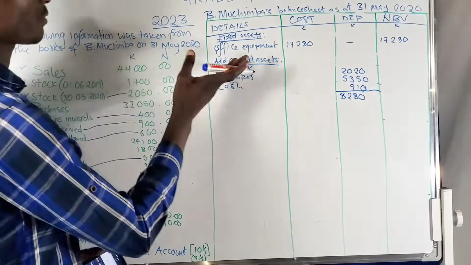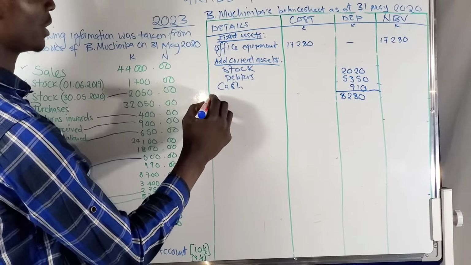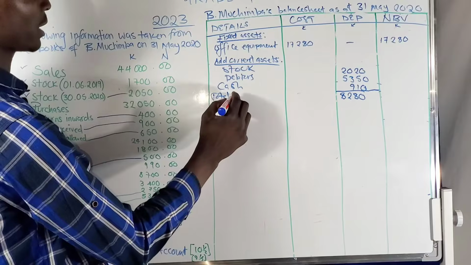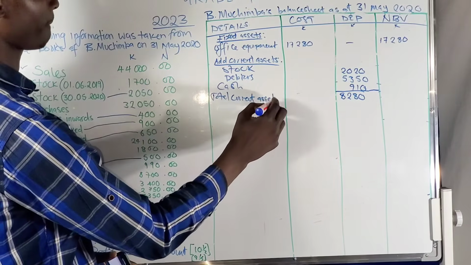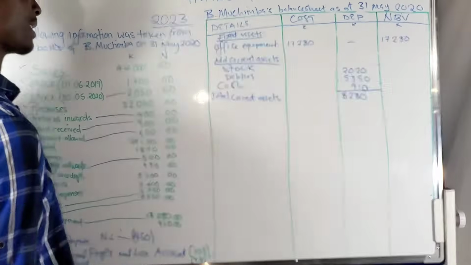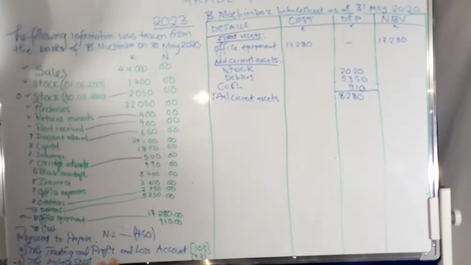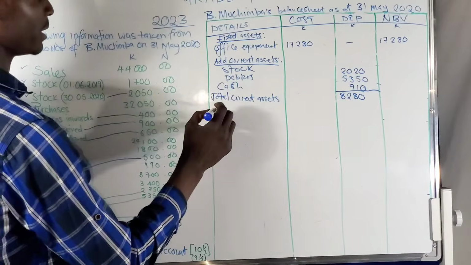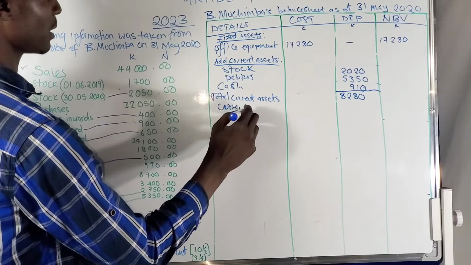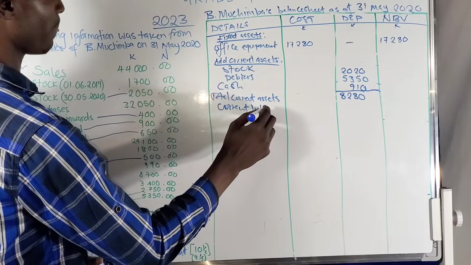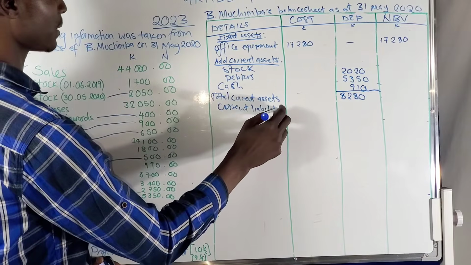Since we've added assets, that one will be called total current assets. Then we go to liabilities, which are current liabilities. So we're going to write current liabilities.